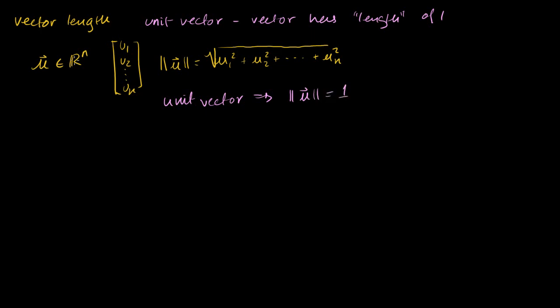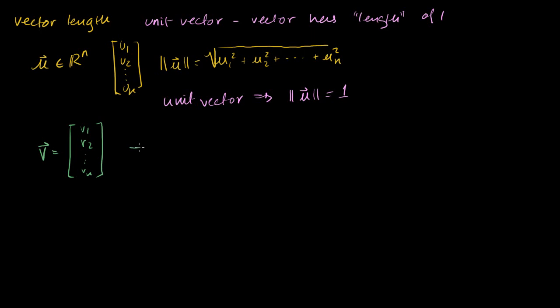And that doesn't matter in what dimension space we are. This could be R100, this could be R2. For a unit vector in any of those spaces, the length is 1. So the next obvious question is, how do you construct a unit vector? Let's say that I have some vector v, and let's say it's not a unit vector. So it's v1, v2, all the way to vn.